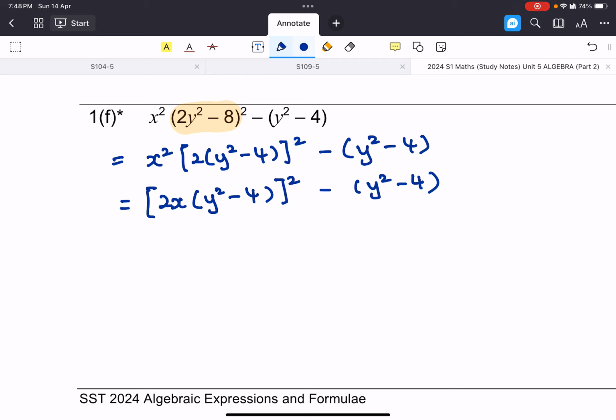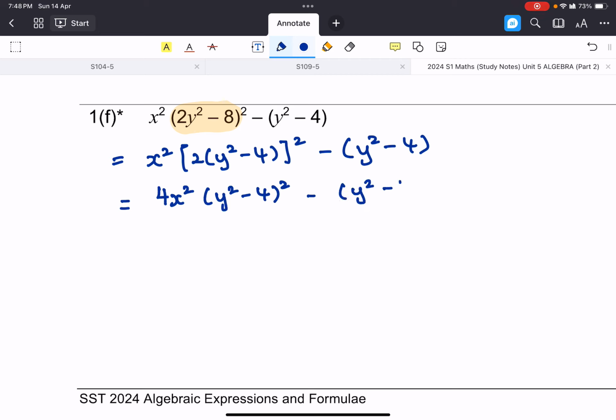Does it work? No, it doesn't. So let's reverse the process. Well, some questions have more than one way of handling this. So what happened is, instead I should take the 2 and bring it outside. So 2 squared is 4. So I have 4x squared, and I have y squared minus 4 squared minus y squared minus 4.